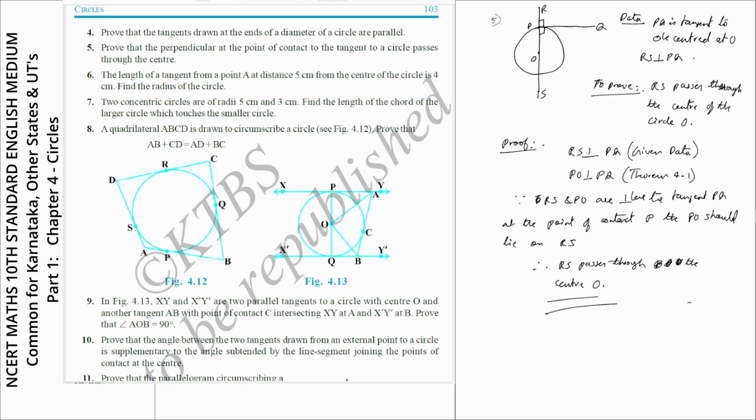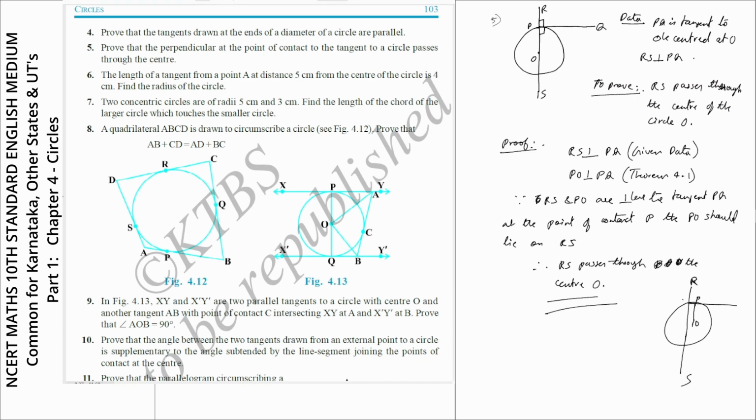Here you can notice that RS and PO can't be two separate lines. If it is two separate lines, then the point of contact will be different, but here the point of contact is the same. Therefore, these two lines should lie on one another.